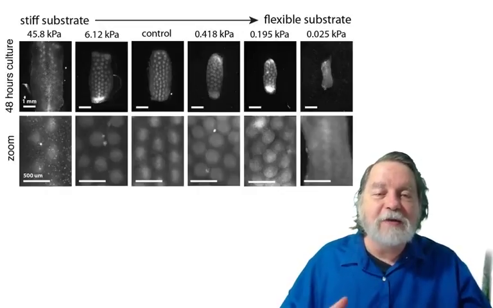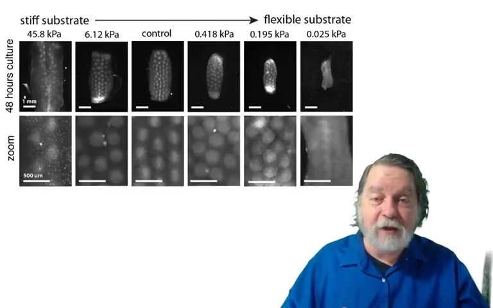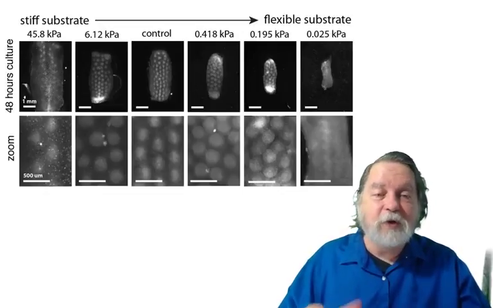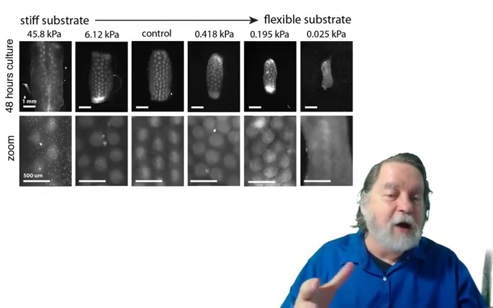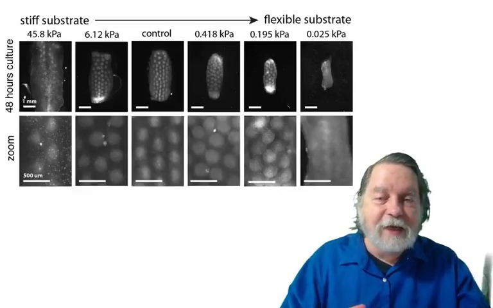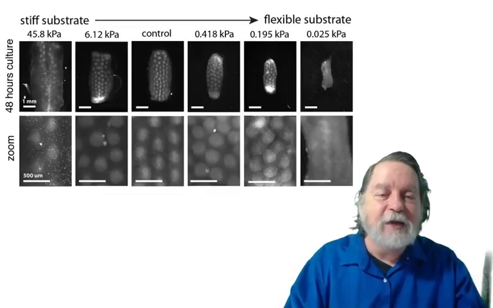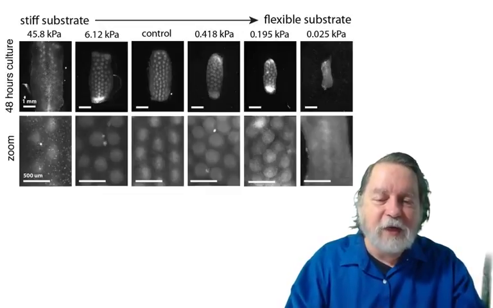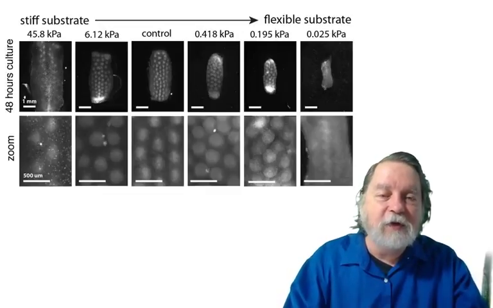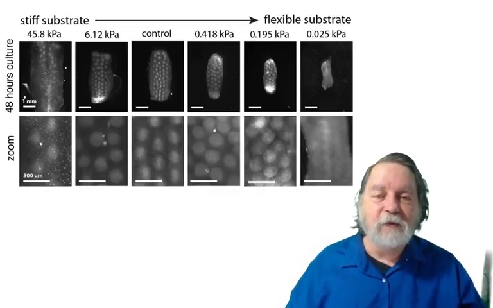It depends on how rigid the substrate is, which is pretty neat. So it's not an all or nothing thing. It's like it's pulling on that substrate and generating degrees of tension depending on how rigid the substrate is, and that's influencing the density of the feather follicles that form, which is awesome.